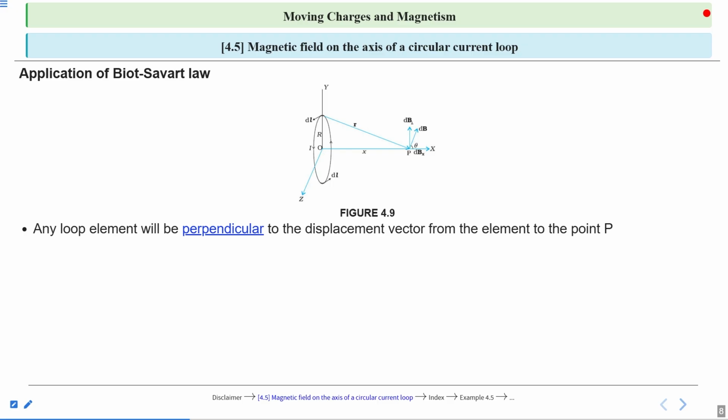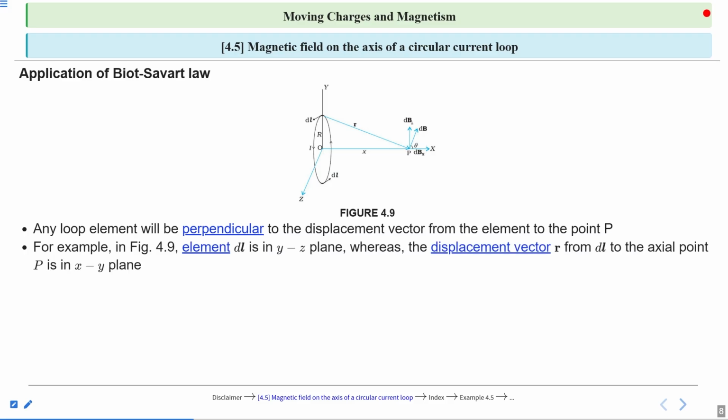So any loop element will be perpendicular to the displacement vector from the element to the point P. Got it? So the angle between dl and r is 90 degrees. For example, in figure 4.9, element dl is in the YZ plane, whereas the displacement vector r from dl to the point P is in the XY plane.